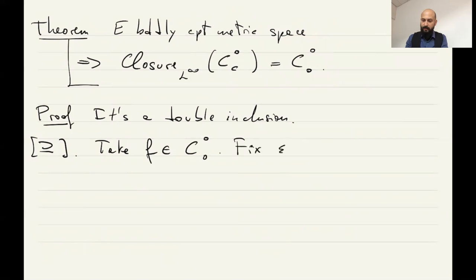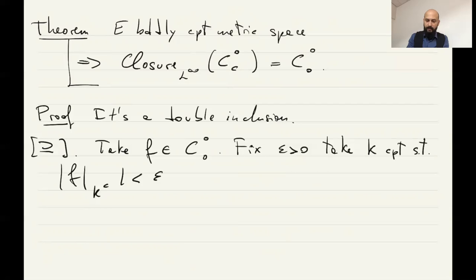So we fix epsilon, and we know that the function goes to 0 at infinity, so we can take K, a compact set, such that f restricted to the complement is less than epsilon in norm. Okay, this is by definition of C0.